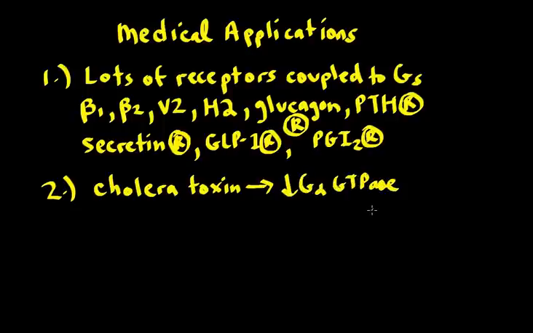Now, keep in mind that this is very specific for intestinal cells. So there's a receptor for the cholera toxin. It gets into the intestinal epithelial cells and it modifies specifically the G proteins there. And when you do this, you cause a massive increase in cyclic AMP.